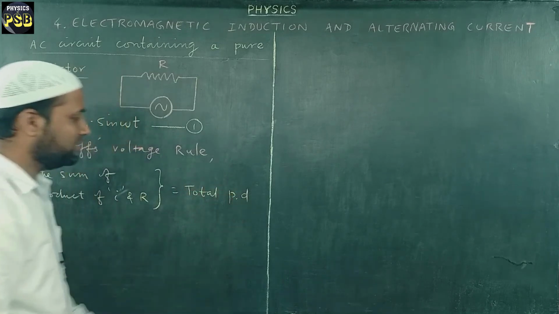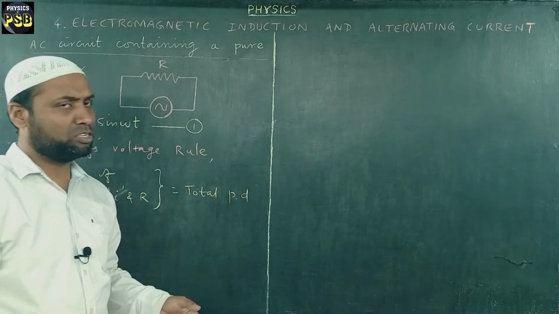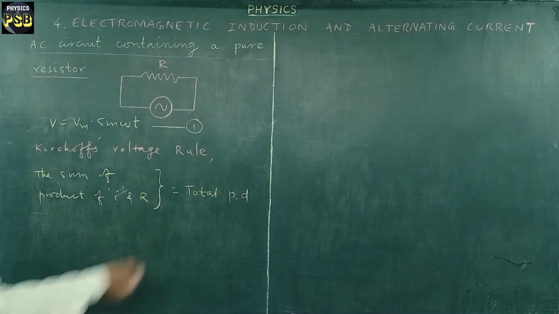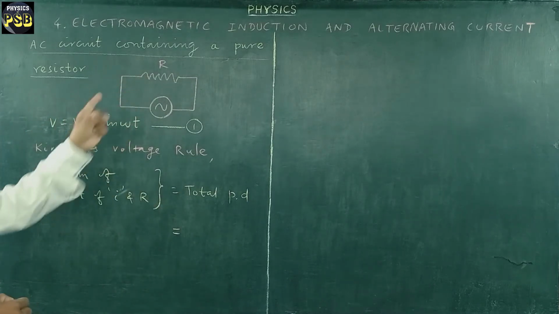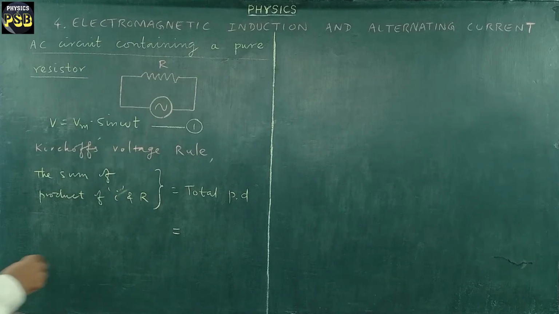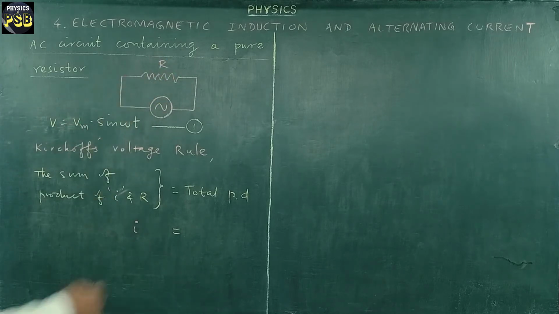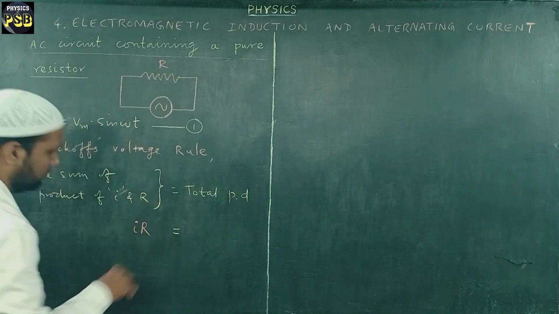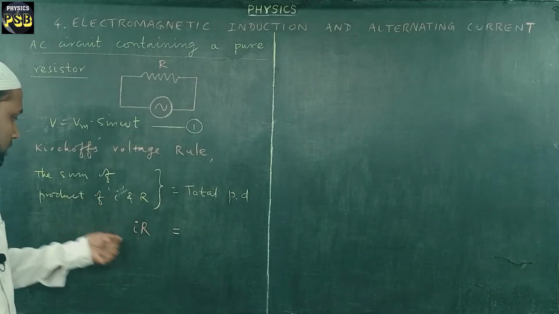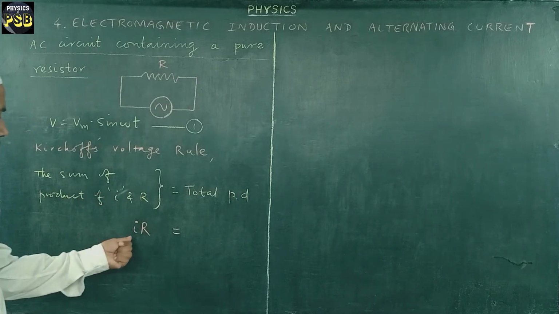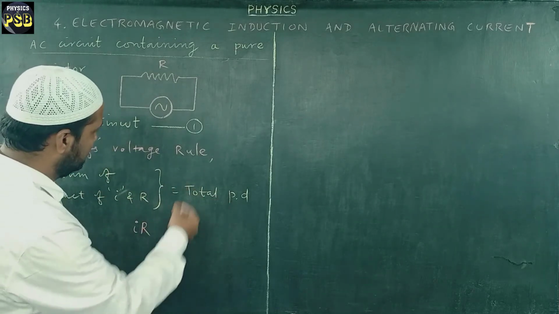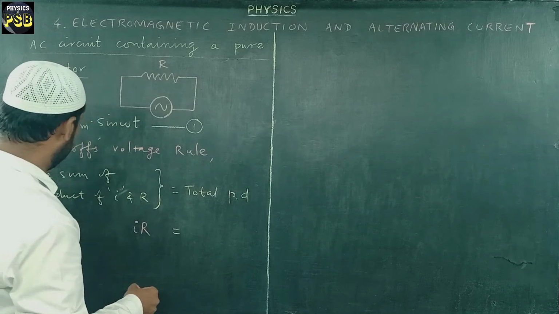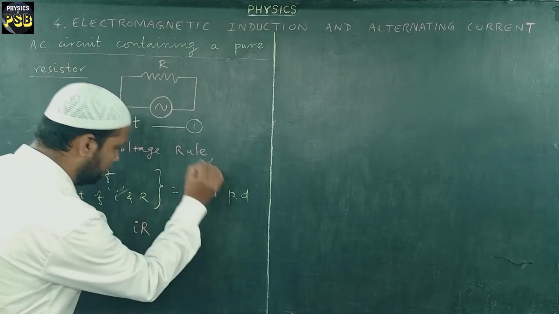When I say potential difference, it represents voltage or EMF. So in our case, the current flowing through this resistor is taken as I, which is multiplied with the resistance of this resistor, that is R, into R. This is the product of current and resistance in the closed circuit, and that total potential difference is nothing but this, taken as V here. Clear?